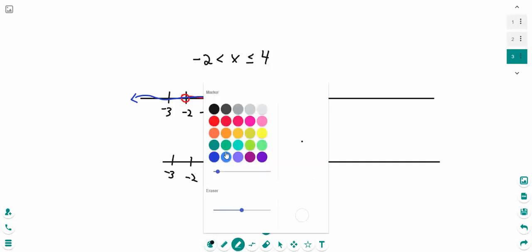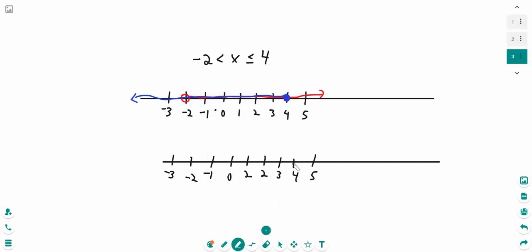And so what are we looking at here? Well, we're looking at a solid dot on the 4, a hollow dot on the -2, and then everything in between. This would be our solution.